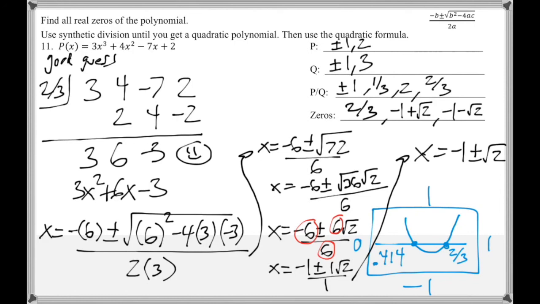It's still a zero, but it's an irrational zero. So they won't appear on our candidate list, but they are indeed a solution. So we need to use our rational zero first, and then we can use the quadratic formula to get the other two, which are irrational.